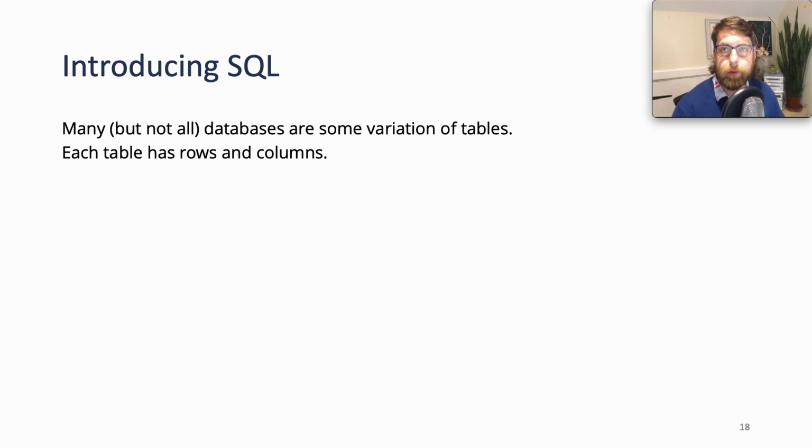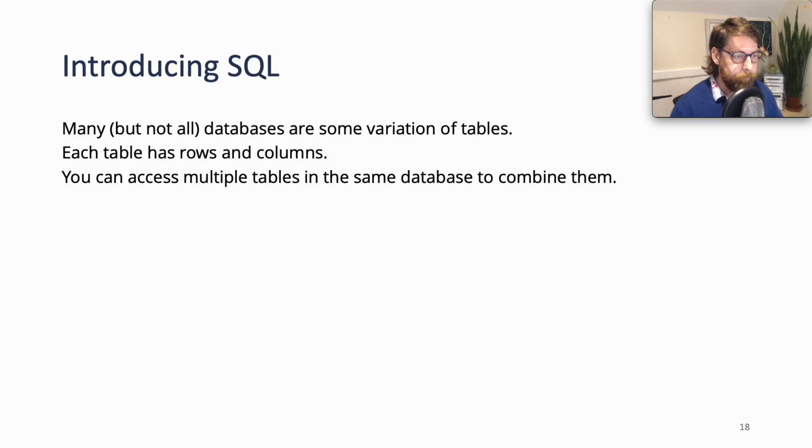They'll also be stored in some way where you would access them through SQL, or structured query language, which is quite amenable to the tabular format for databases. So you can access multiple tables from the same database and combine them. If you create a database, it can have multiple tables, much in the same way a Microsoft Excel document or spreadsheet program can have multiple worksheets, where each one would have a little tab on the bottom.